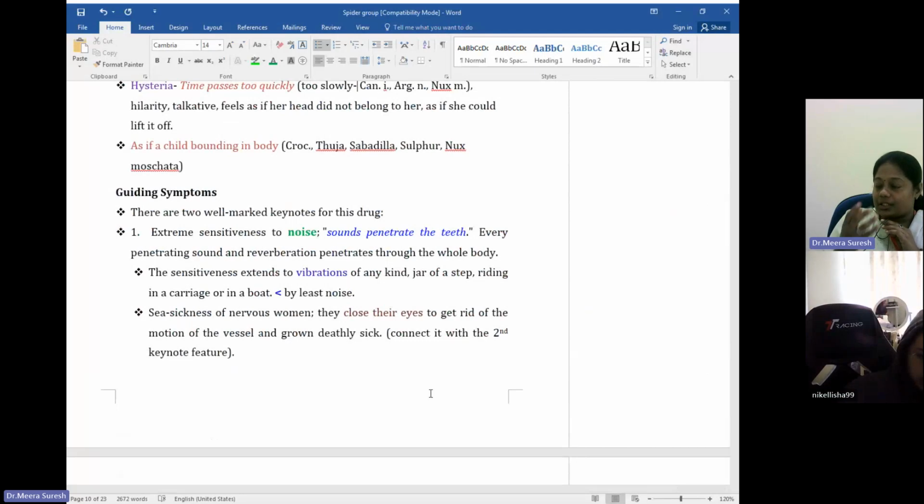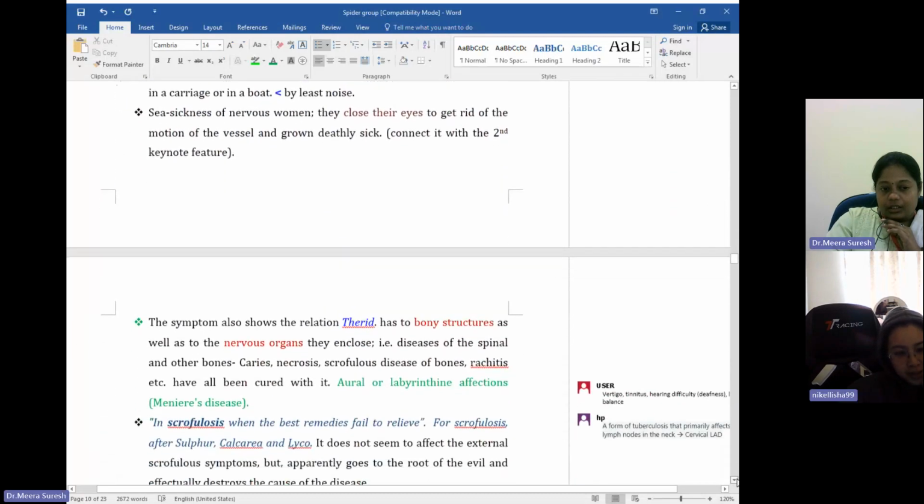But her other complaint is aggravation from closing of eyes, and that produces all this nausea, vomiting, everything, and even vertigo in that woman. So to avoid that motion, she closes the eyes, and closing the eyes produces another set of symptoms. That's why I just told you, it is connected with the second keynote feature, that is closing the eyes producing the symptoms.